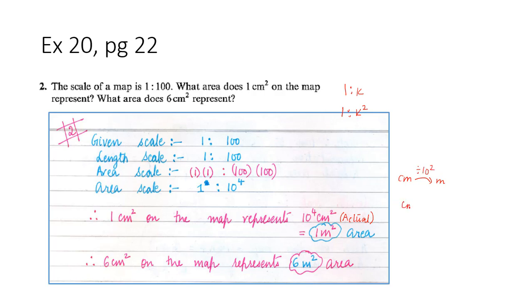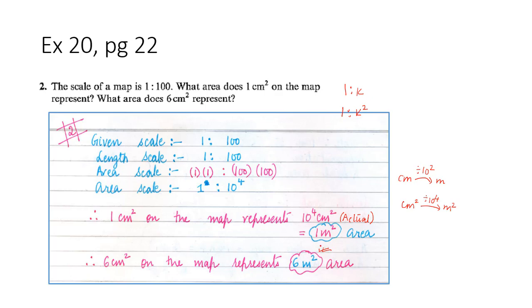So centimeter square to meter square is divided by 10 raised to the power 4. So if 1 centimeter square represents 1 meter square actual area, then 6 centimeter square will represent 6 meter square in the actual area. And that is the final answer for the second part of the question.